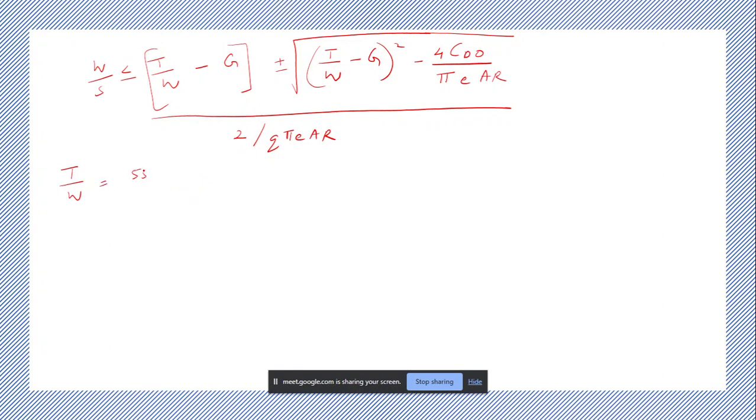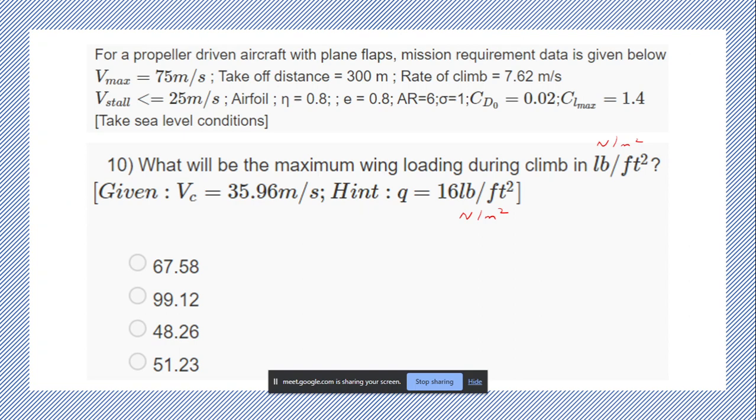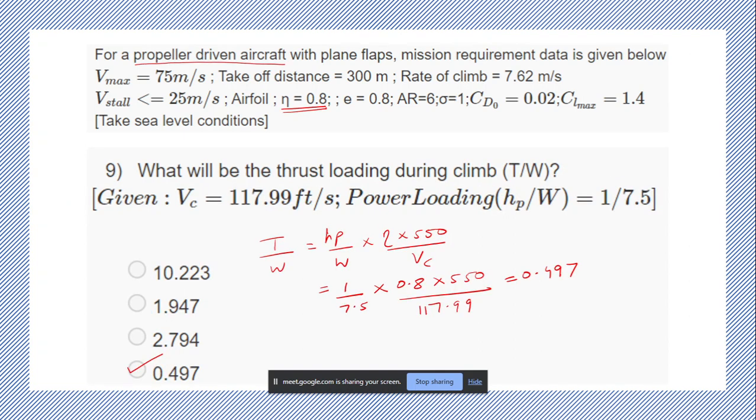That was 550 into the power loading. If we convert that feet per second into meter per second, it's 35.96 meter per second.